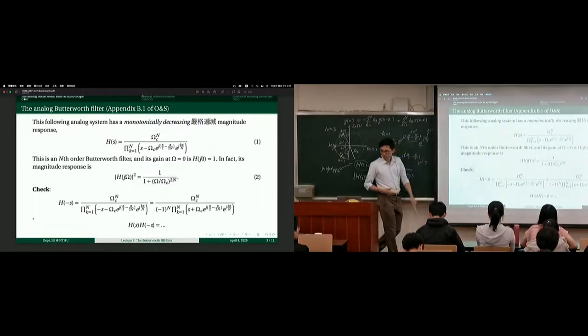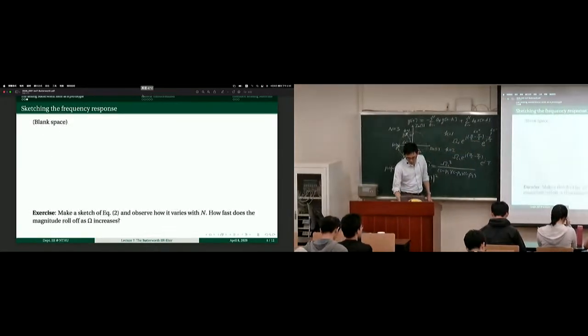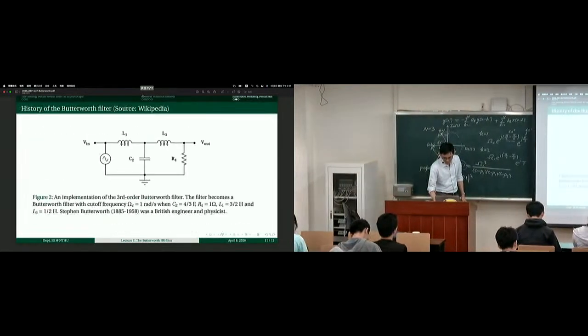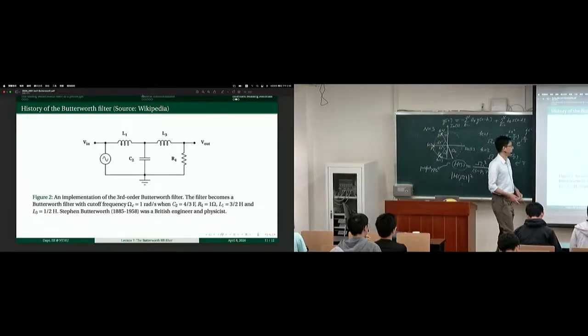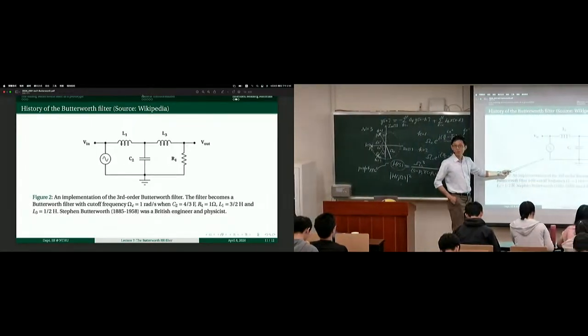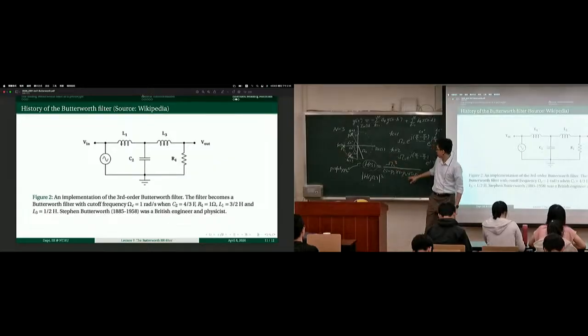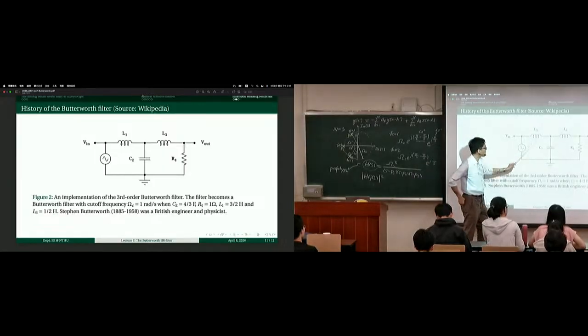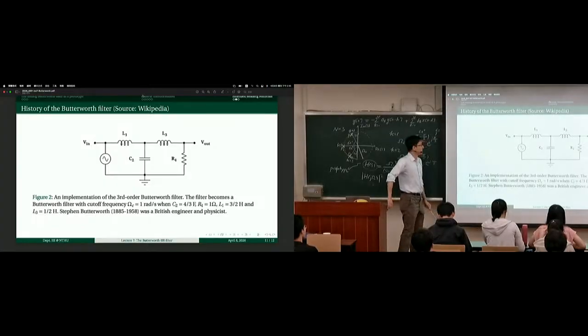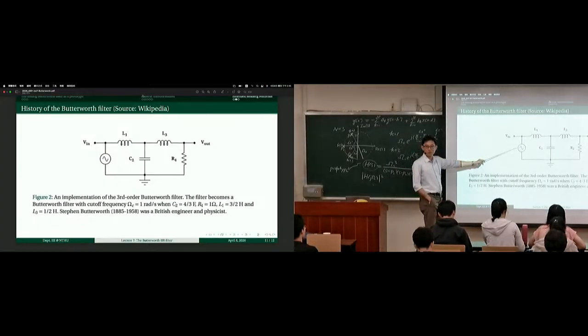But at this time I want to jump to the last page by showing you this circuit. This is a hardware implementation of this thing here. Take a look. Input on the left, output on the right. We have 2 inductors, 1 capacitor and 1 resistor. I just apply an AC input and change the frequency.